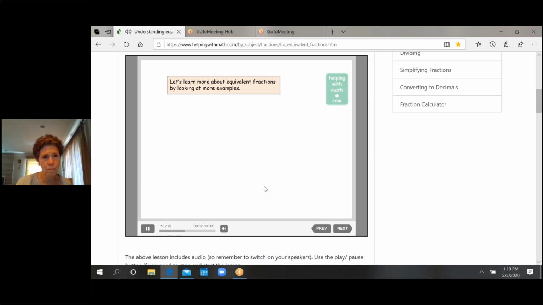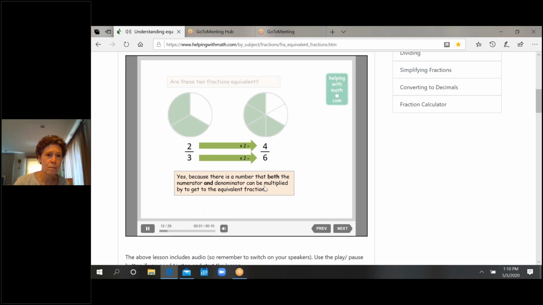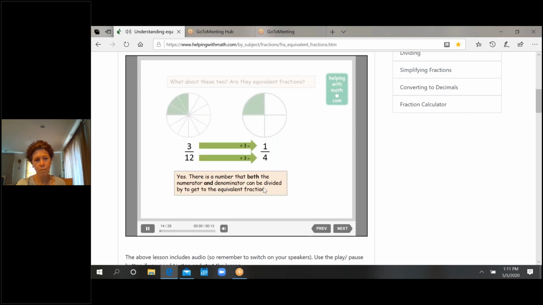Let's learn more about equivalent fractions by looking at more examples. Are these two fractions equivalent? Yes, because there is a number that both the numerator and the denominator can be multiplied by to get to the equivalent fraction. What about these two? Are they equivalent fractions? Yes, there is a number that both the numerator and the denominator can be divided by to get to the equivalent fractions.